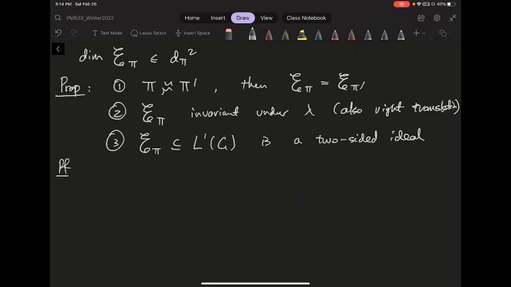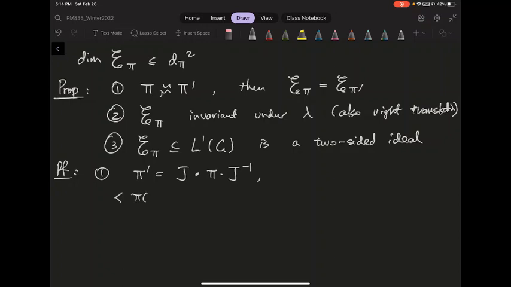So the proof of these is quite simple. First of all, if you have pi prime equals some unitary J multiplied by pi times J inverse, then whenever you evaluate this phi of pi x on u, v, that's essentially just equal to the pi prime of x evaluated on J of u and J of v.